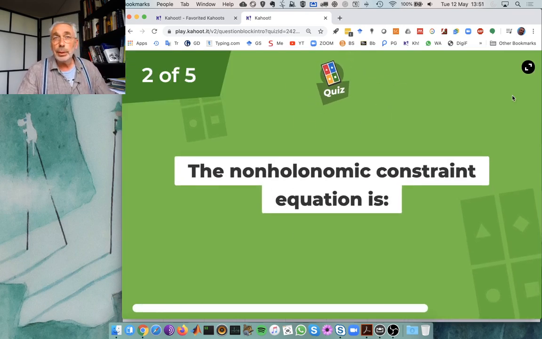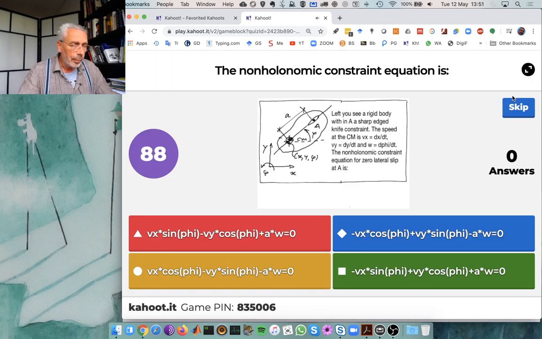Next, the non-holonomic constraint equation. Look closely at the figure. We have here one rigid body with a skate at A, the velocities are Vx and Vy at the center of mass, the orientation is phi, and omega is the angular speed.